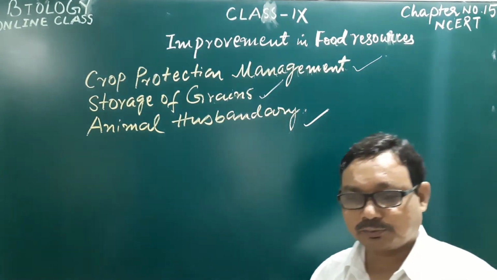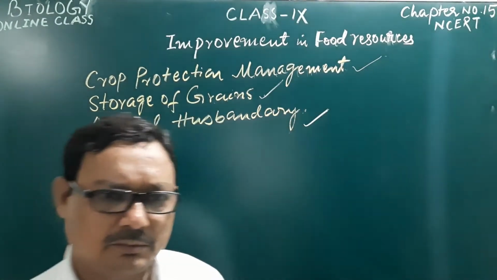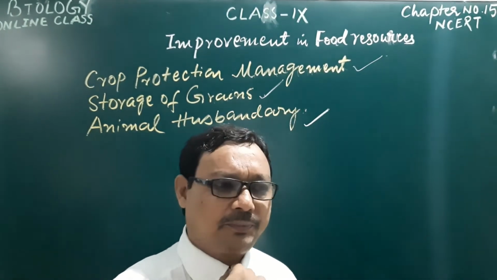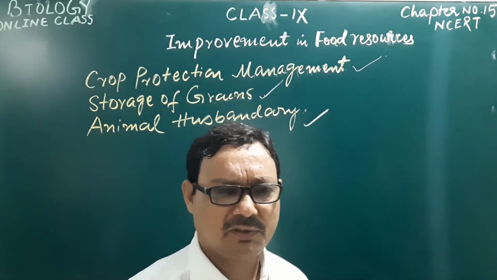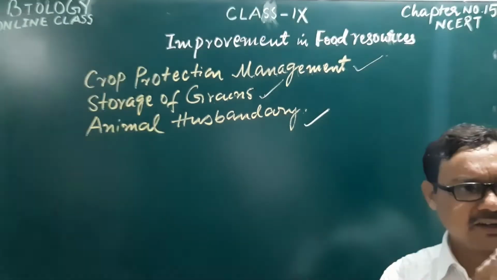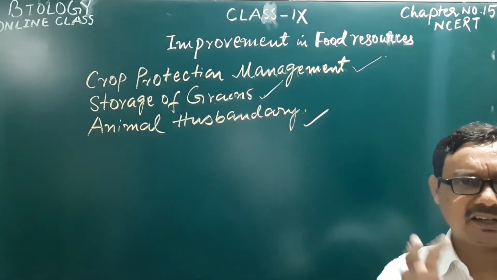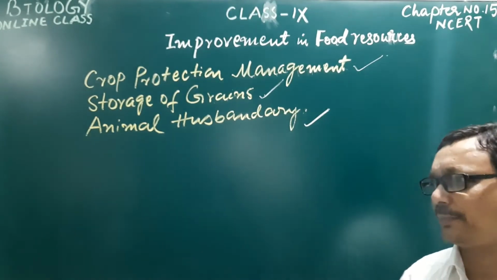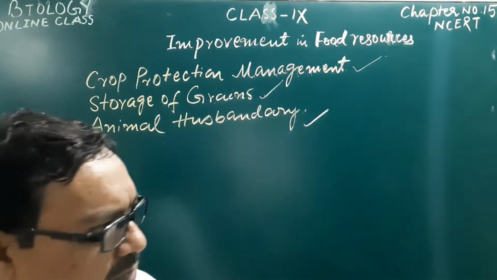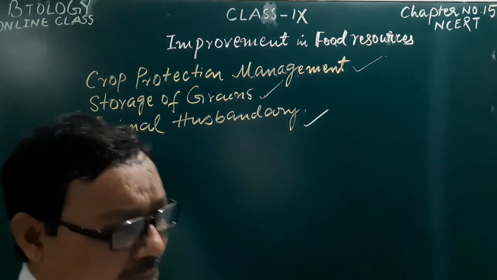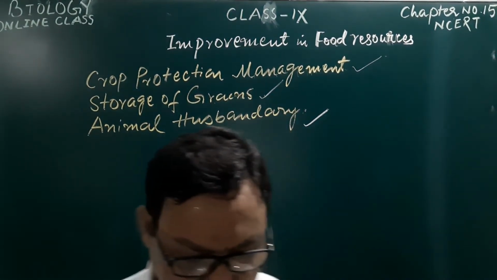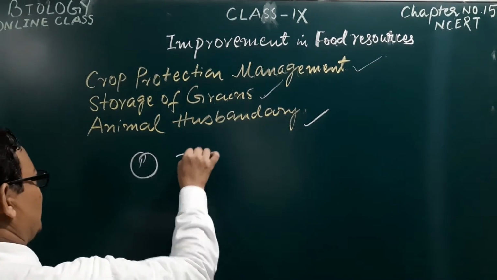Number two, there are diseases that also attack the plants, like other organisms which usually suffer from different types of diseases caused by different types of pathogens like bacteria, virus, fungi, etc. The growing crops also face this type of problems. And number three, first I have told insect pests.